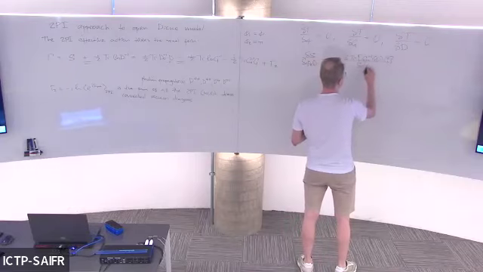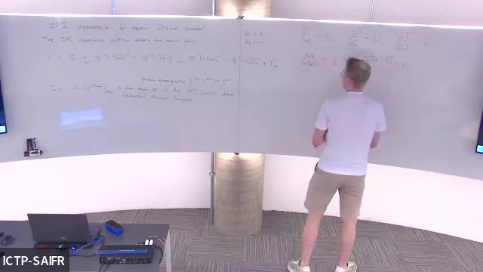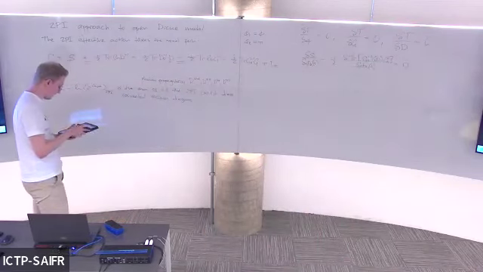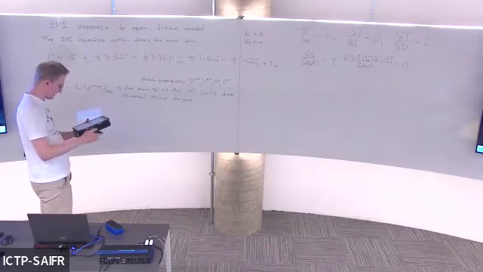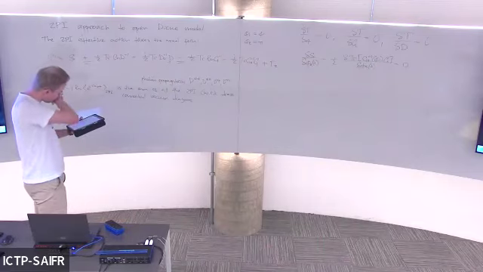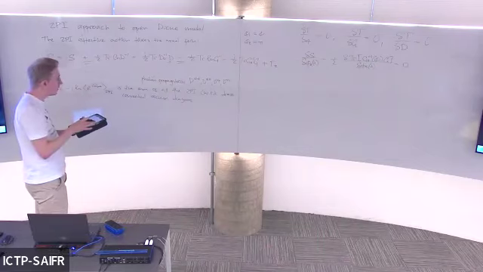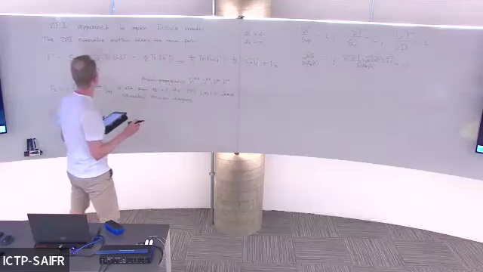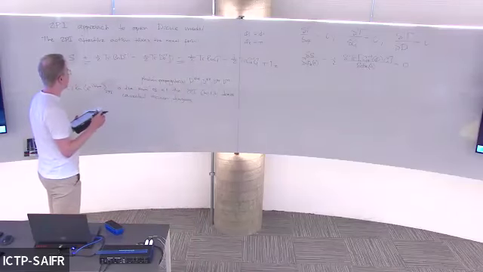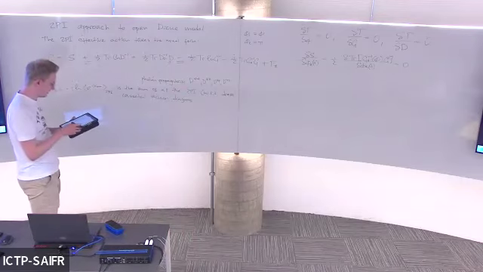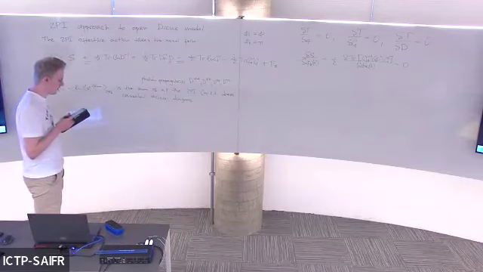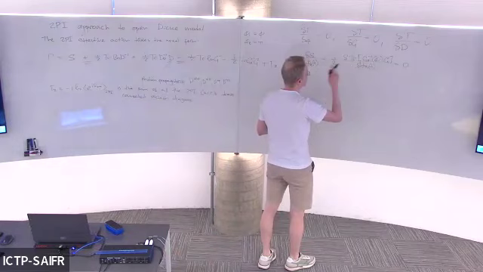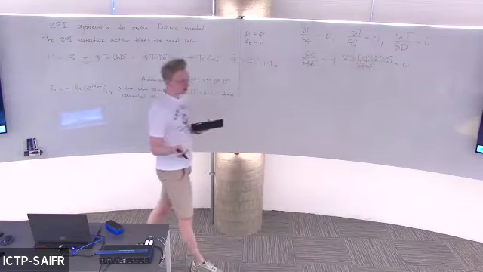Unfortunately, I erased the action, but I think you can look in your action and convince yourself that the only bare inverse propagator that depends on any mean field is the Majorana propagator, and it only depends on phi.